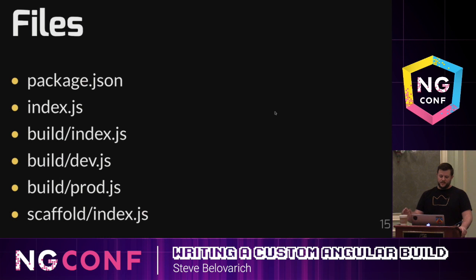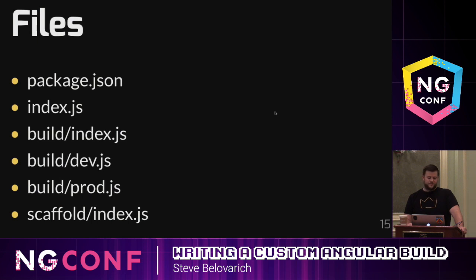Inside of the CLI repo, you'll find some key files. One of them is the package.json, which we'll work with very early on in this process. Another is the index.js file, which is an entry point for the CLI we're going to create today.